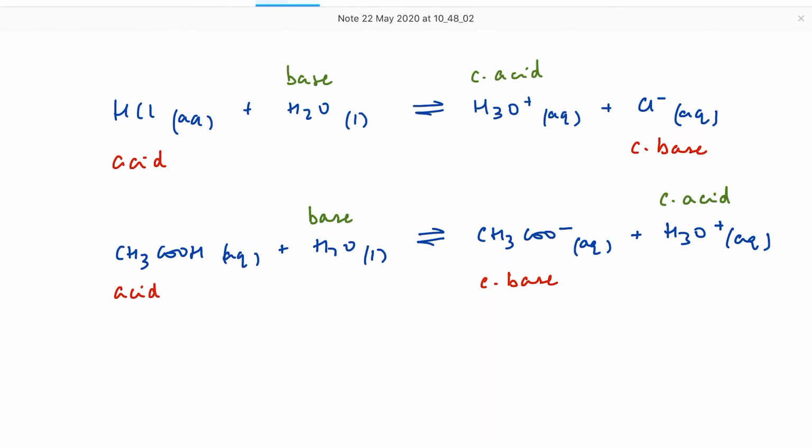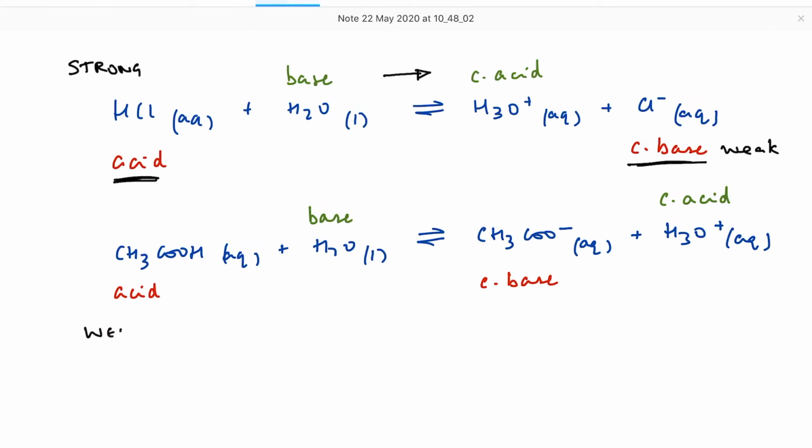Okay, so pulling all this together. My top example here, hydrochloric acid. Hydrochloric acid is a strong acid, which means that the position of equilibrium in this reaction lies very, very strongly to the right. To all intents and purposes, hydrochloric acid is fully dissociated. What this means in practice is that strong acids tend to have very weak conjugate bases. The likelihood of the chloride ion behaving like a base, picking up a proton and returning to HCl is very small indeed.